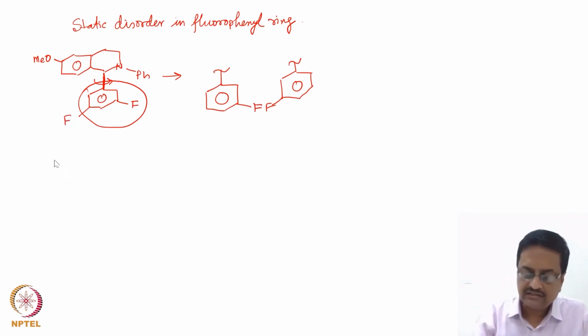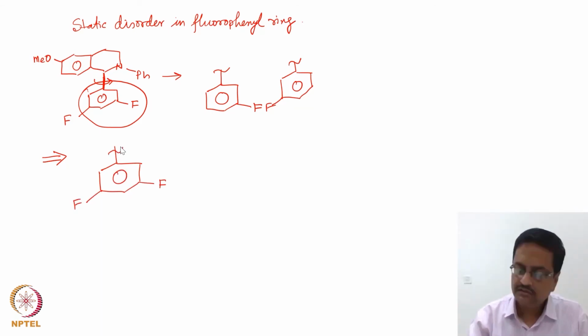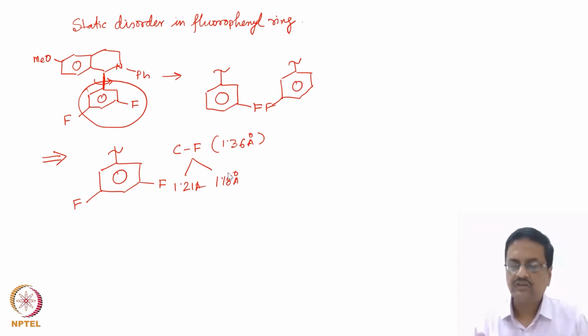So as a result, what we see in the structure as an average is that fluorine appears here, fluorine appears there, but the CF bond length, which ideally should be equal to 1.36 angstrom, is deviated to like 1.21 angstrom and 1.18 angstrom, which indicates that there is something wrong in these positions.